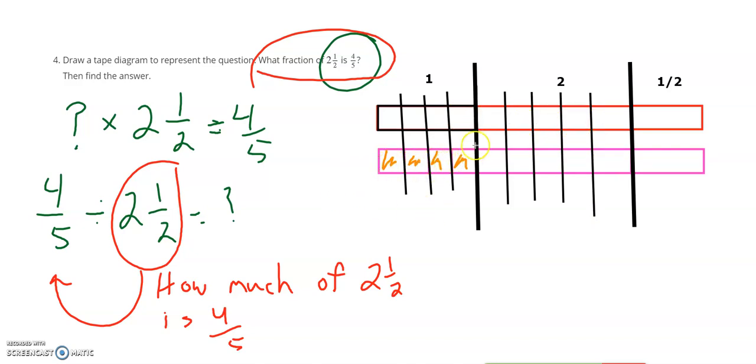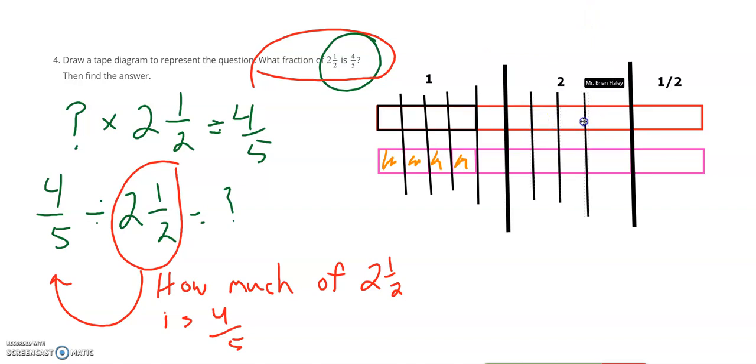Whoops, that's not even what our whole number is. 1, 2, 3, 4, 5.